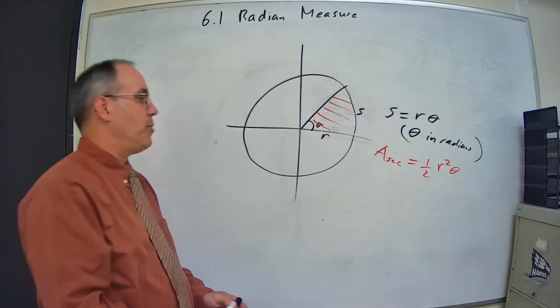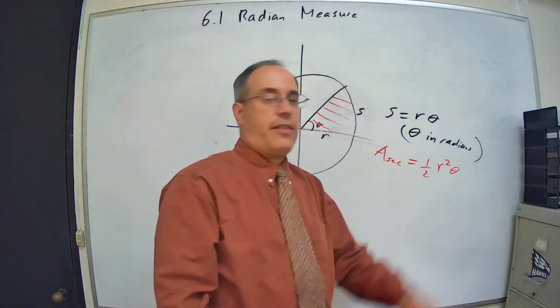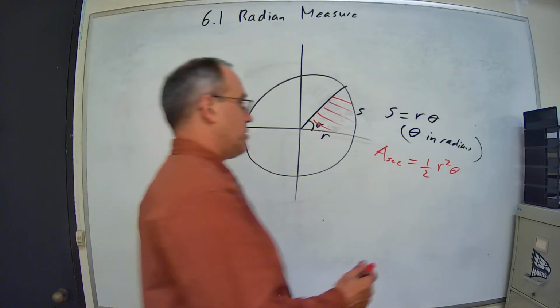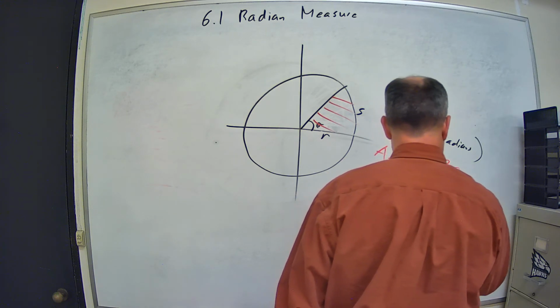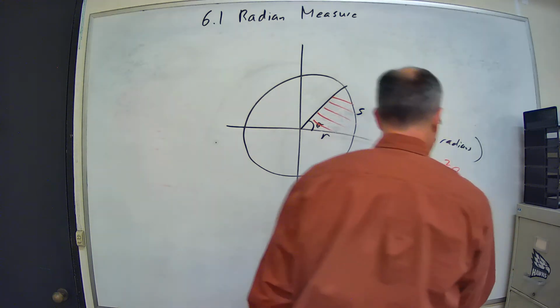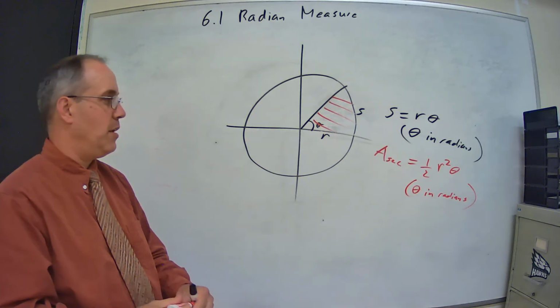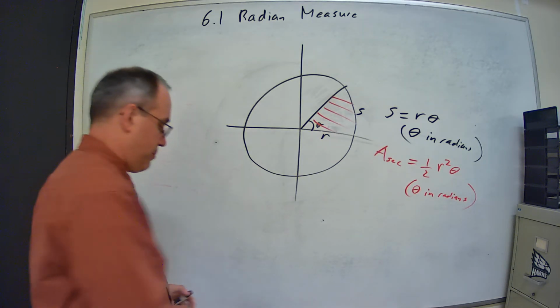So now give me the radius and the angle in radians. Just going to put that down again. And we can get the area.